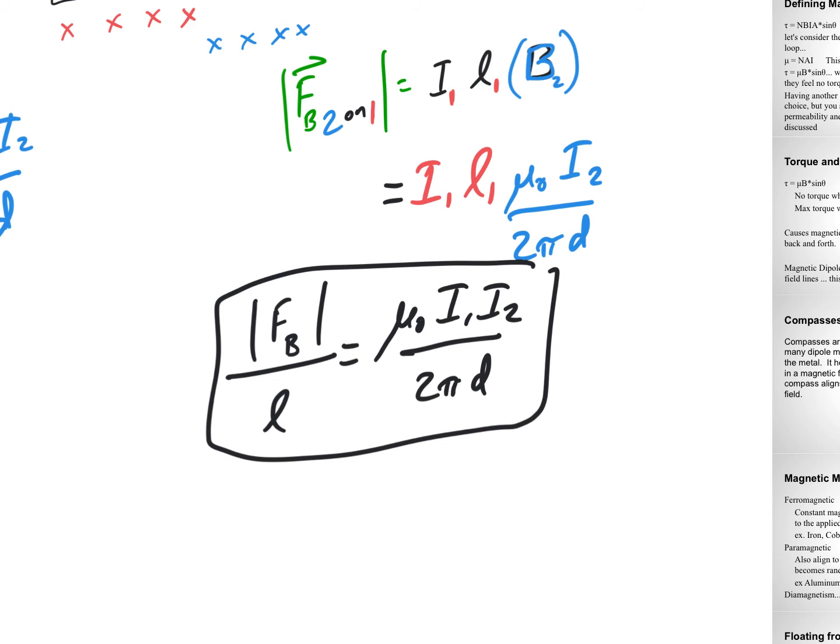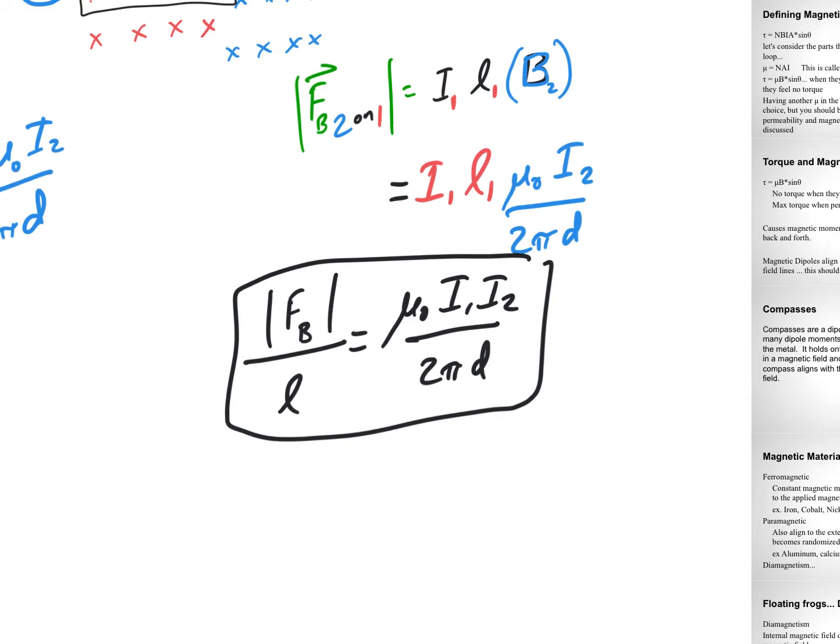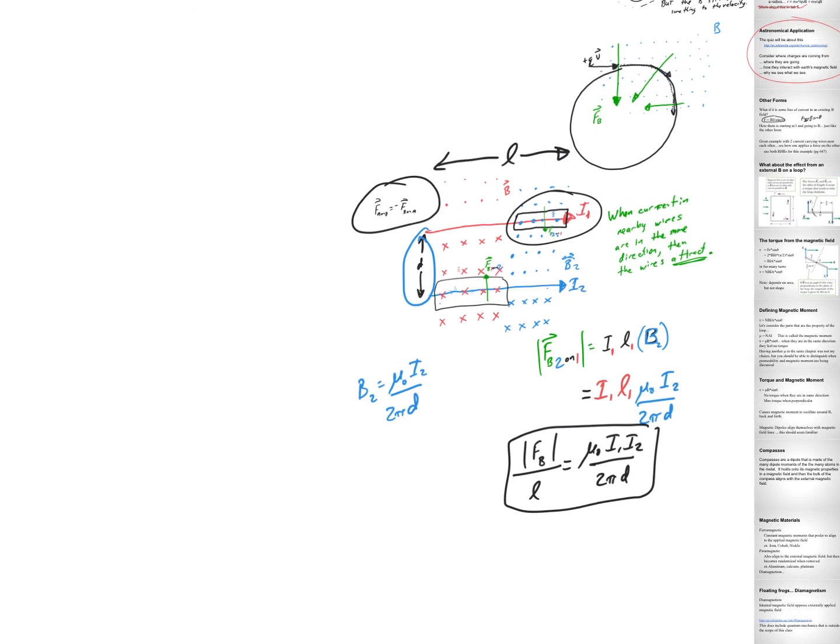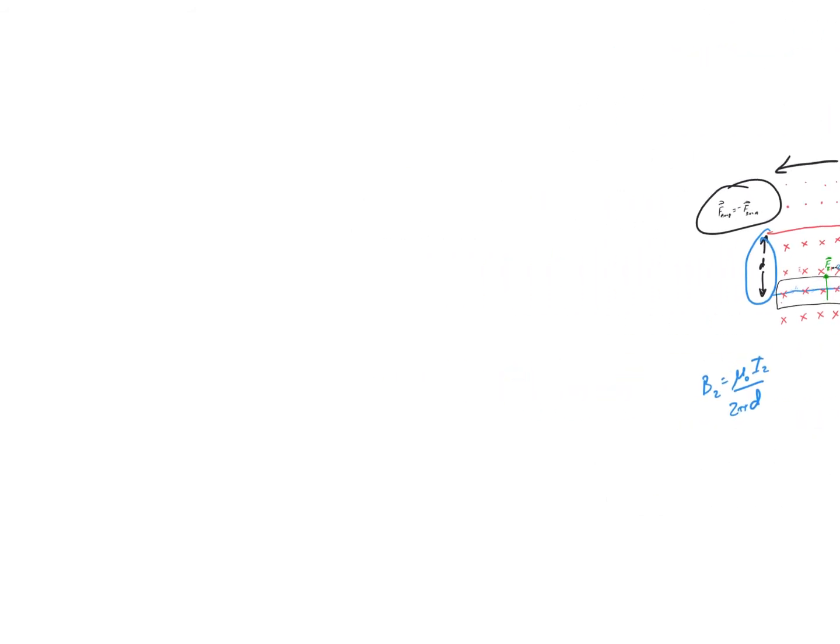Let's figure out what goes on when we have the opposite occurring. The opposite will be when the currents are in opposite directions. So I'll have a current to the right like so. I'll have a current to the left like so, opposite directions.